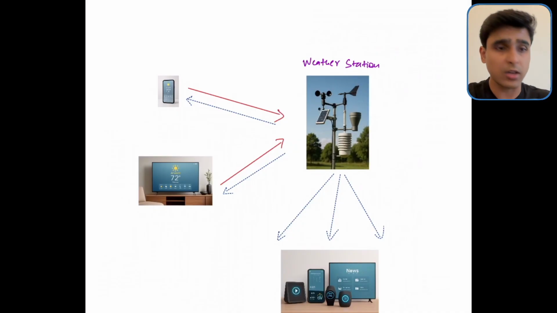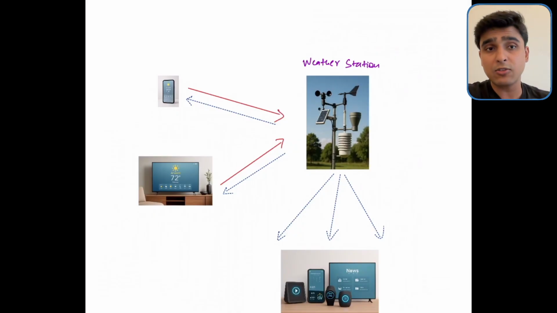Now there is one more thing. If the weather station starts storing information regarding its subscribers, then since these subscribers are different classes, this could be class mobile, class TV, each class will have different methods exposed. So it will be difficult for the weather station to store all of these objects which are inherently different in nature.